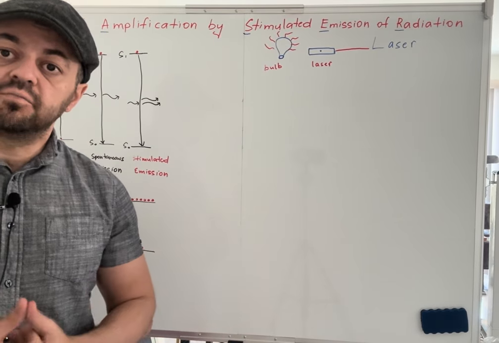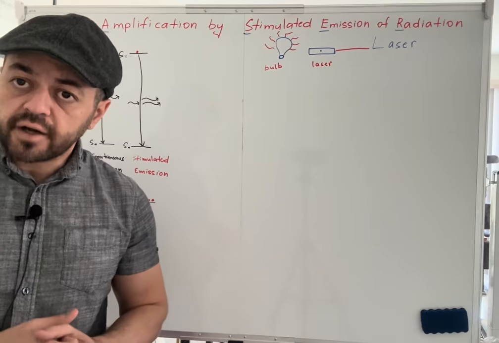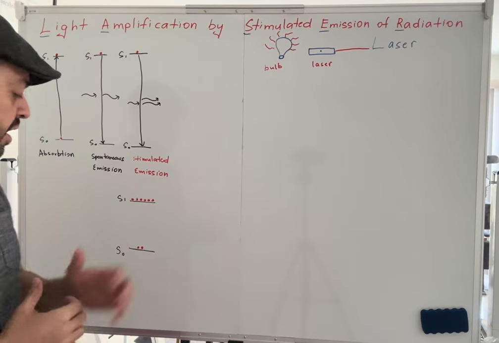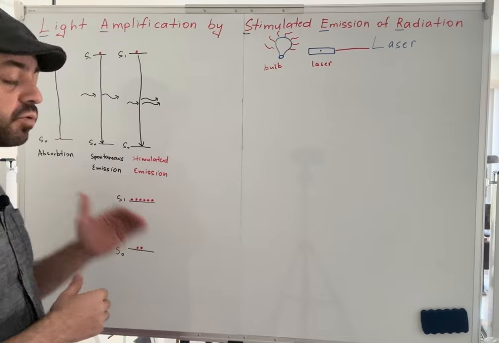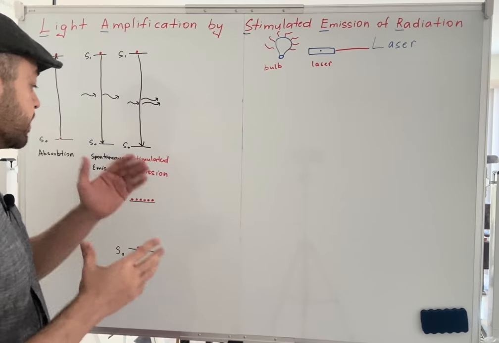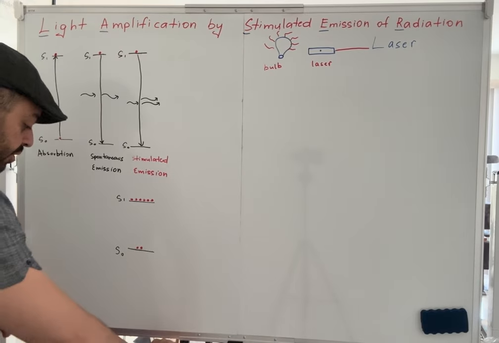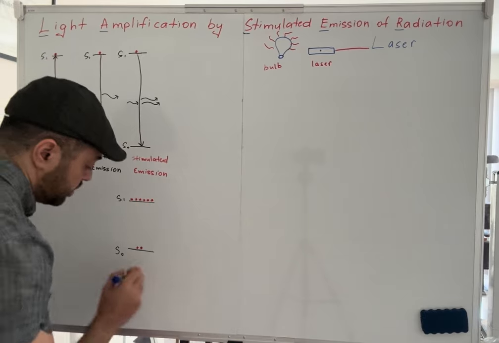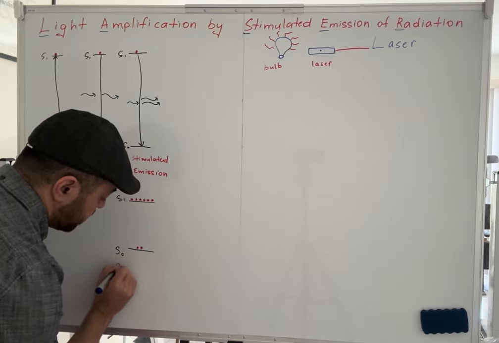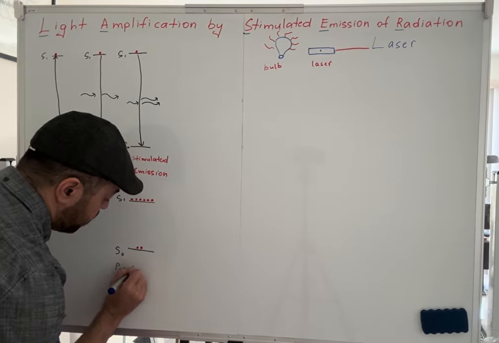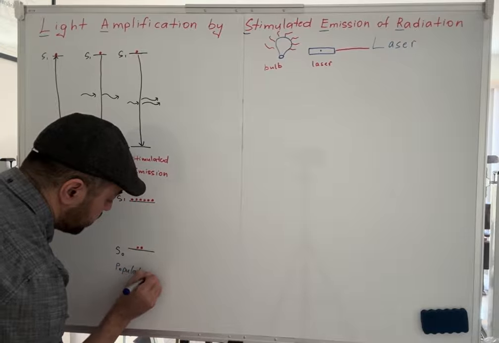Without them, there wouldn't be anything a photon could interact with. So that's why it's highly required to have a population inversion during stimulated emission. So I'm just going to write this as population inversion.